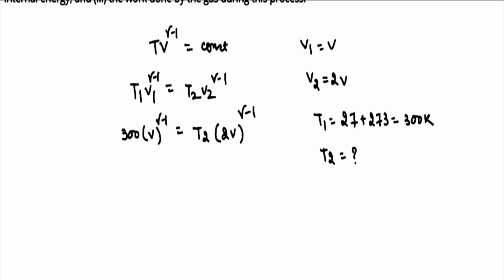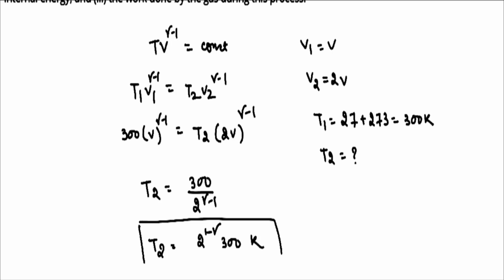So V^(gamma minus 1) cancels out. So the value of T2 is coming out to be 300 upon 2^(gamma minus 1). And I can also write this as 2^(1 minus gamma) times 300 Kelvin. So this is the final temperature of the gas. This is the first part.